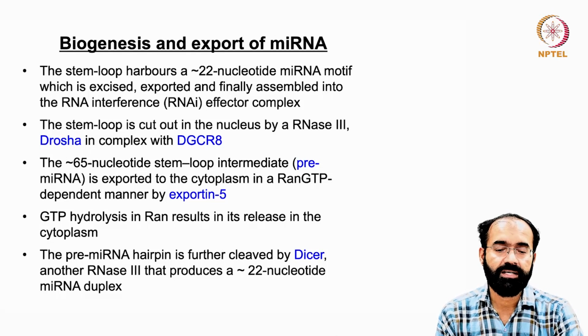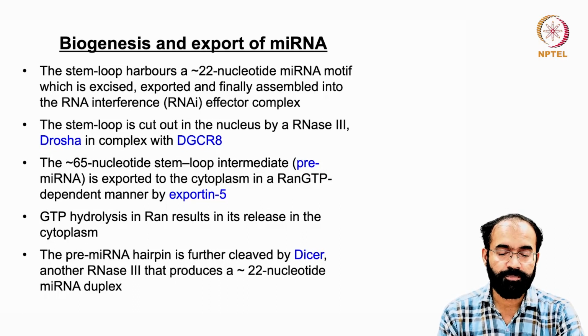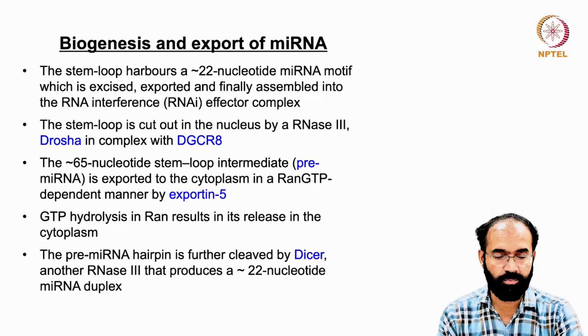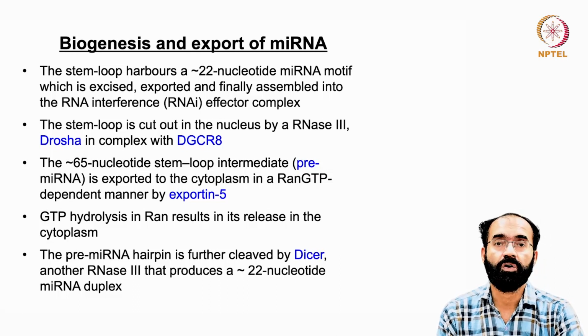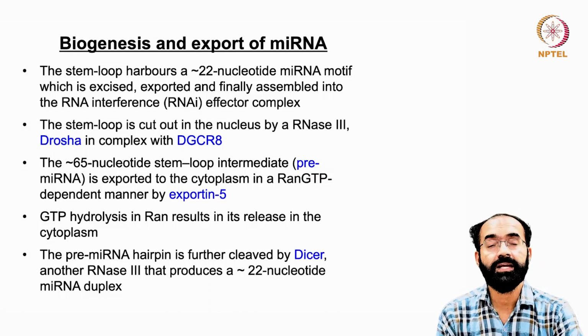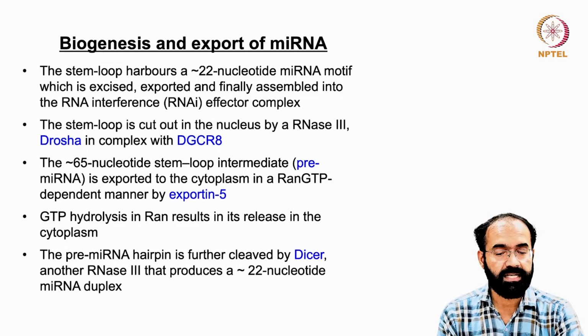It is exported to the cytoplasm in a RAN GTP dependent manner by exportin 5. The GTP hydrolysis in RAN results in the release of the cargo, the 65 nucleotide stem loop intermediate microRNA, into the cytoplasm.